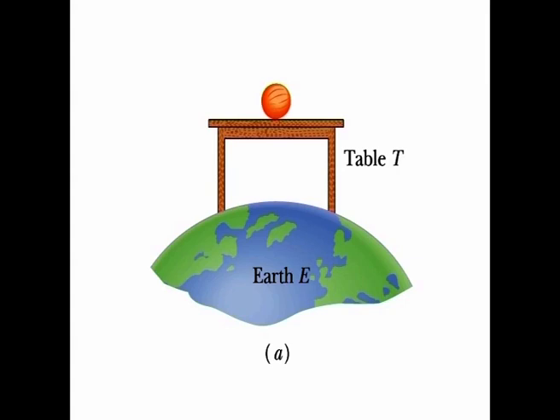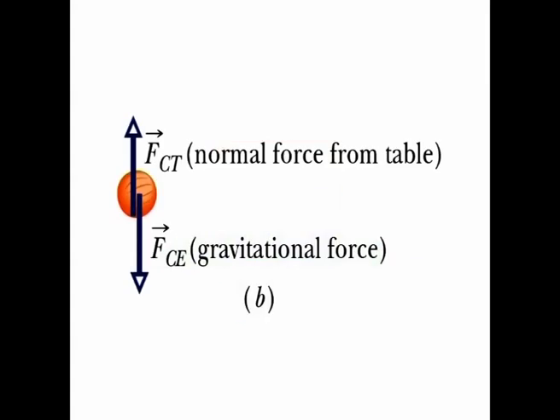Let's first focus on the forces acting on the muskmelon as shown in figure B. Force FCT is a normal force on the muskmelon from the table, and force FCE is the gravitational force on the muskmelon due to earth. But these forces are not a third law force pair because they are forces on a single body, the muskmelon, and not on two interacting bodies.